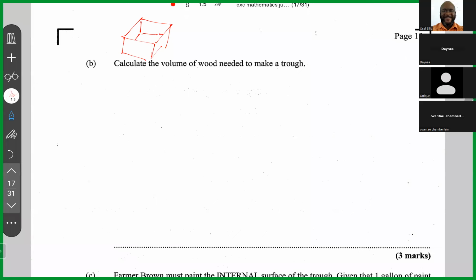It's a similar idea. I would calculate the entire block of cheese before I scoop it out, and then subtract the amount I scoop out, and what will be left will be the container. In other words, the volume of wood would be the external volume, which is 300 times 190 times 160, minus the internal volume, which is 8,091,000.